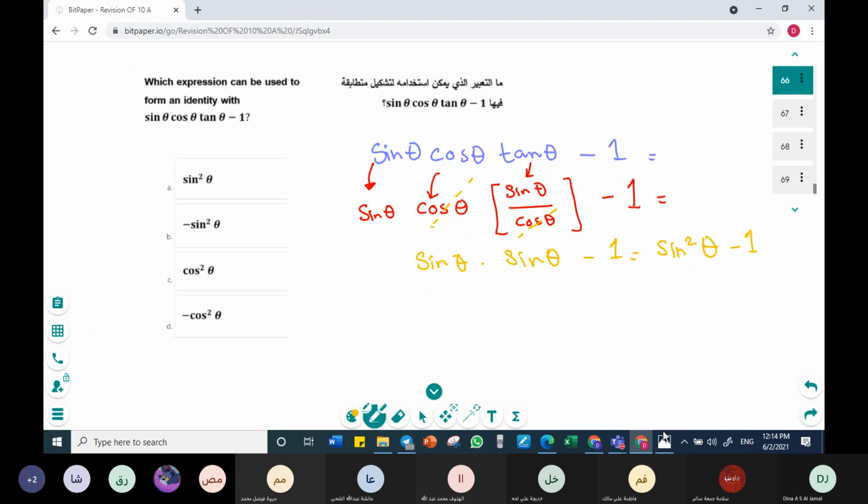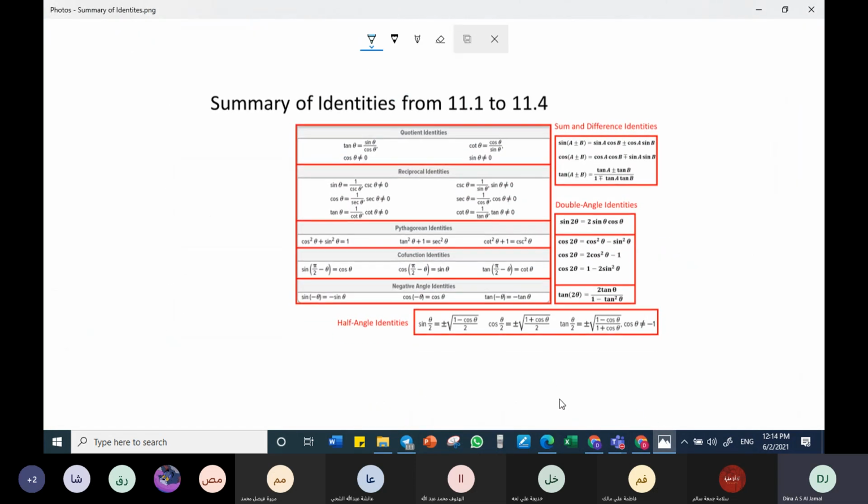Now, let's go to our identities. Which identity can I use? Whenever you are having number 1, always look to the Pythagorean identities.